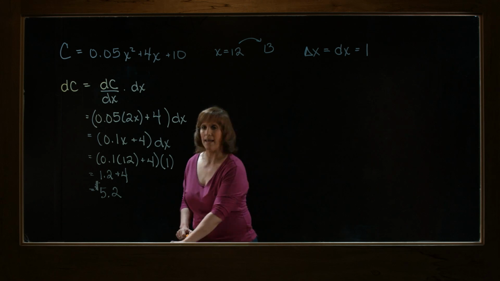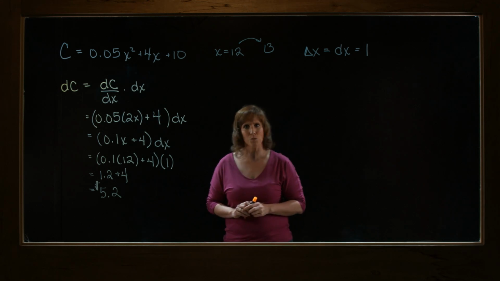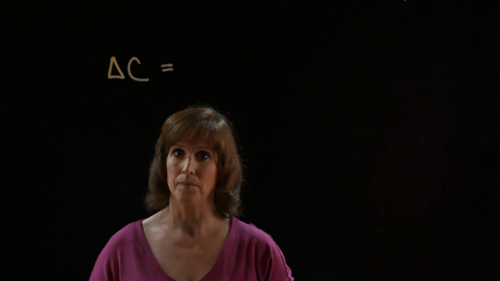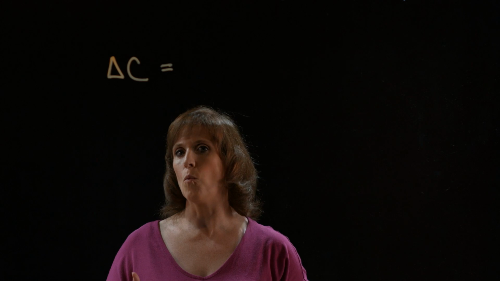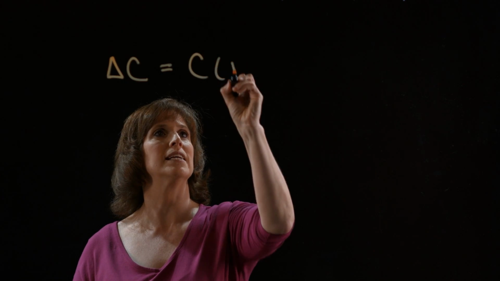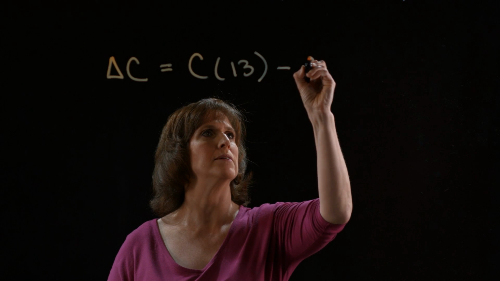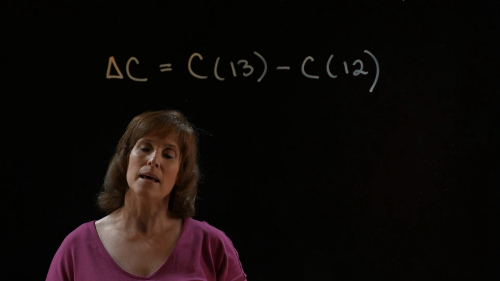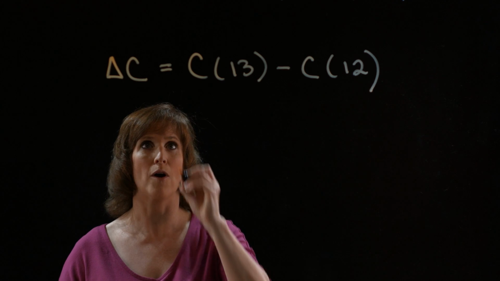Well, let's go ahead and find what the actual change in cost will be. So that involves delta C. So what I want to do is find out what is the cost when 13 units are produced, that's C of 13, and subtract what happens when I produce 12 units. In both cases, it's a function evaluation problem.